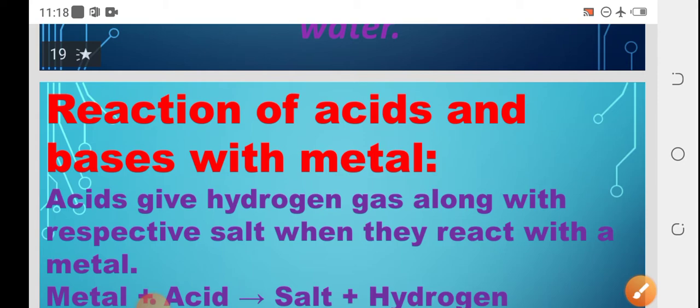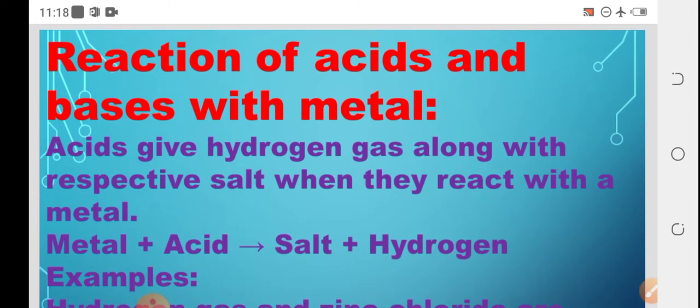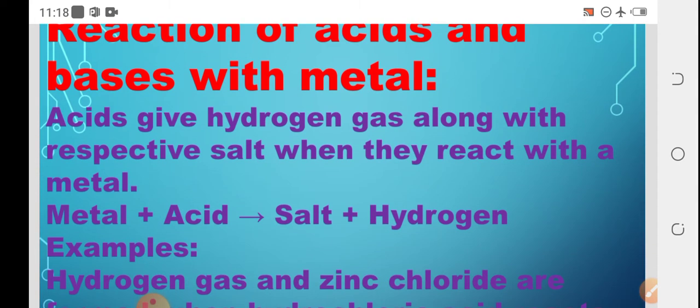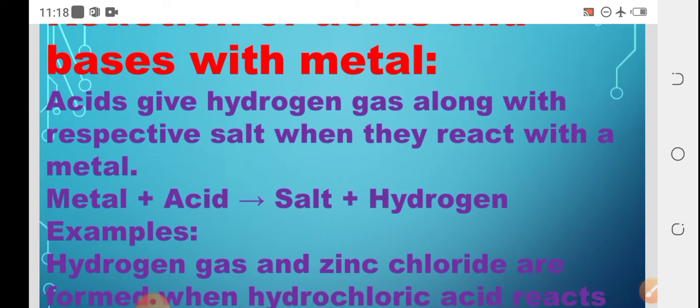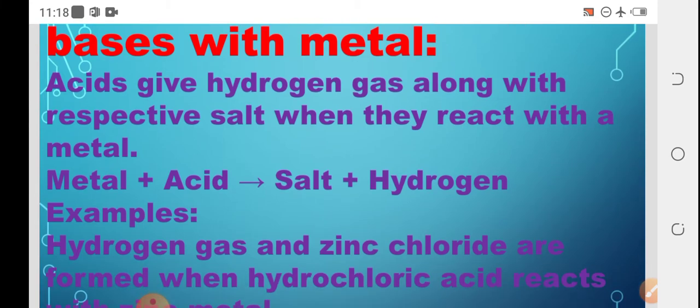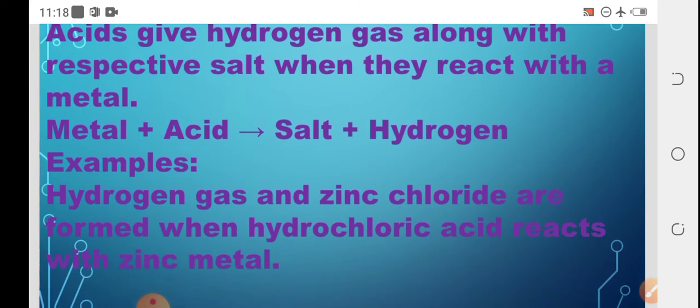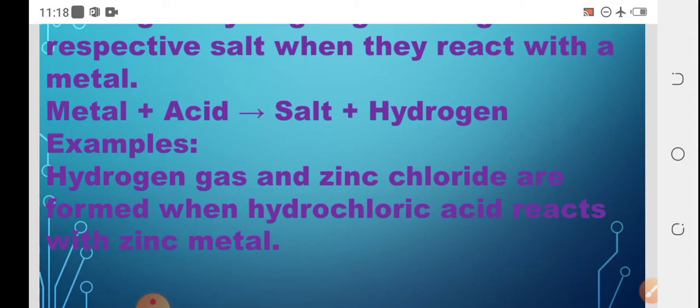Let's see a few of the chemical properties or reactions of acids and bases with metals. Acid gives hydrogen gas along with the respective salt when it reacts with a metal. Metal plus acid gives salt plus hydrogen.